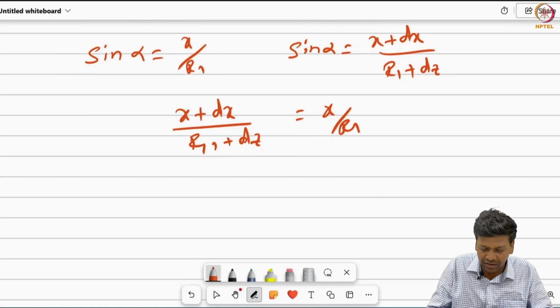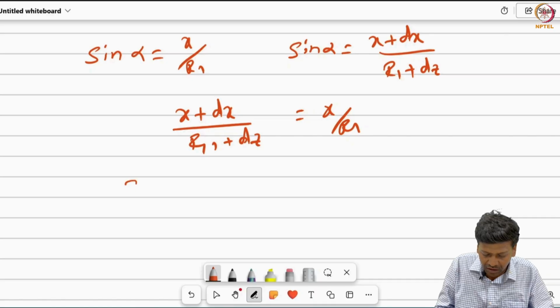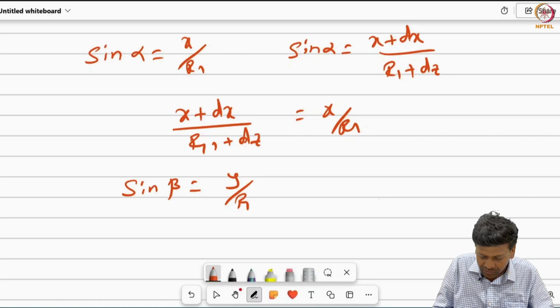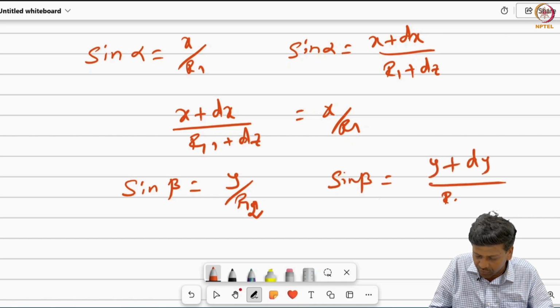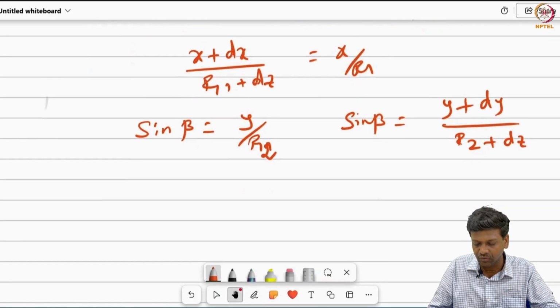Similarly, sine beta is the same at both instants. Then you can say that sine beta is nothing but y by R2, and sine beta in this case is y plus dy divided by R2 plus dz. So this is the proposition that we follow.